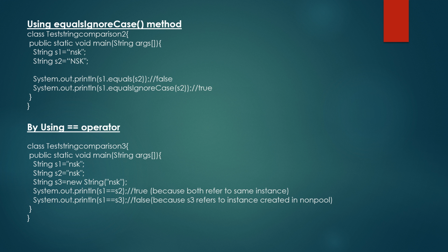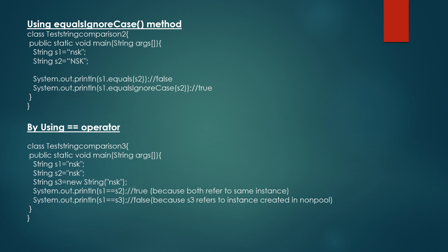So it will return the value as false, because these two contents are different, because their cases are different. Now if I use equalsIgnoreCase, I am ignoring the cases here. When I do the content comparison, it will return the value as true.